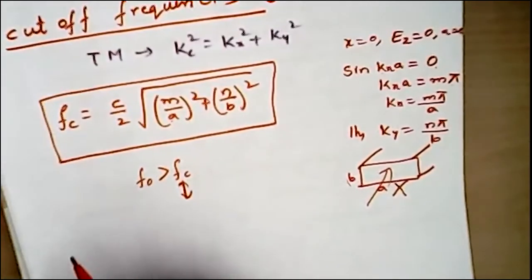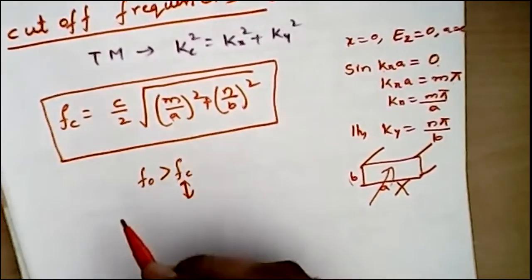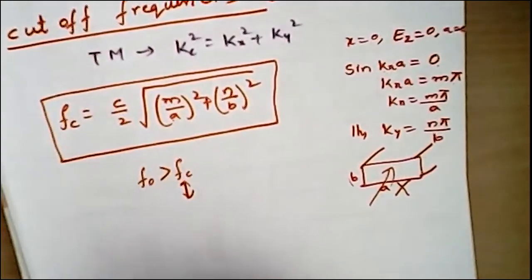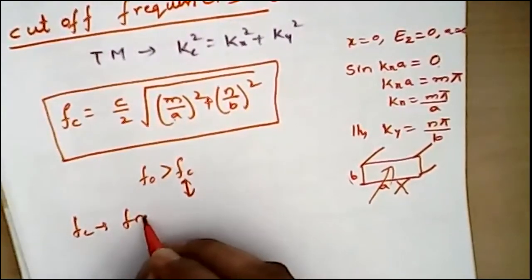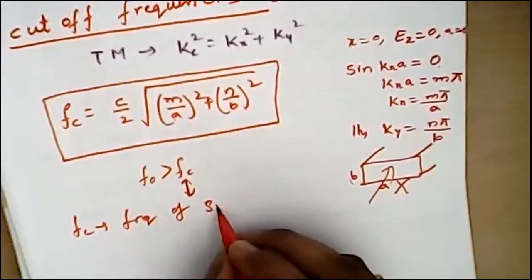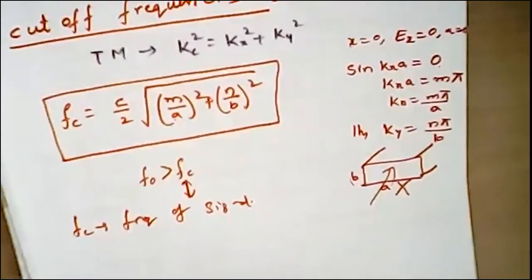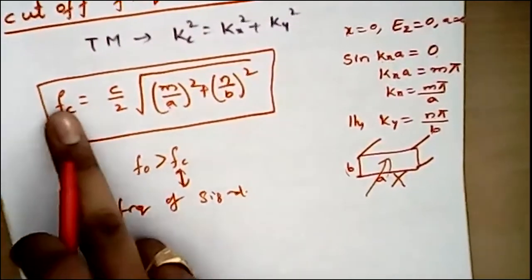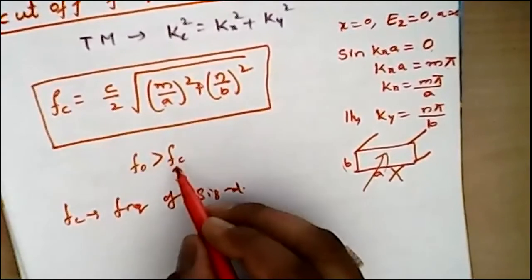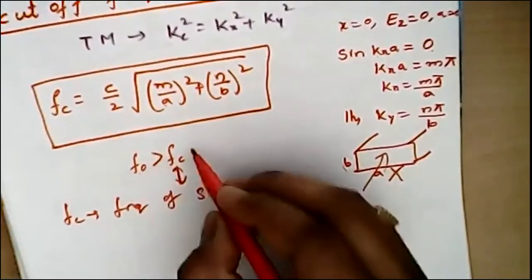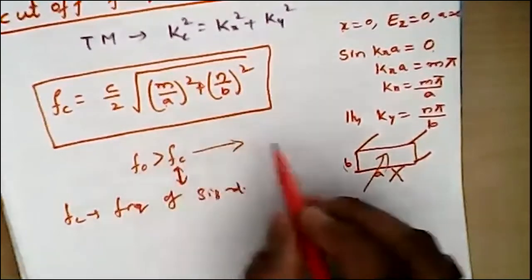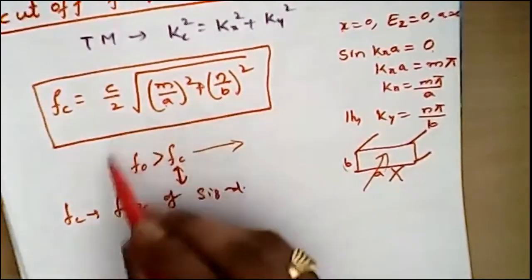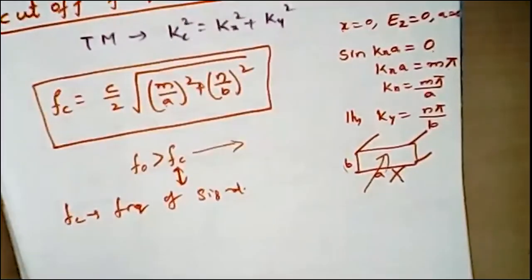Hence we define the cutoff frequency as the frequency at which there is no propagation of signal; the wave will not be propagated. So as long as fc is less than f naught, the wave will propagate into the waveguide. If it is greater, it won't propagate. This is the definition of cutoff frequency.